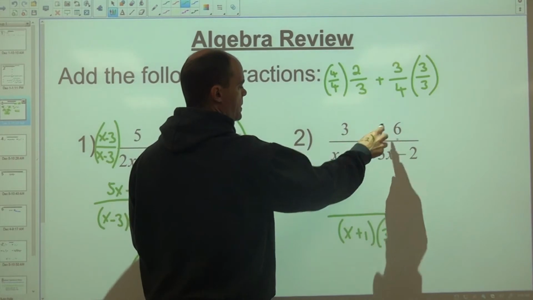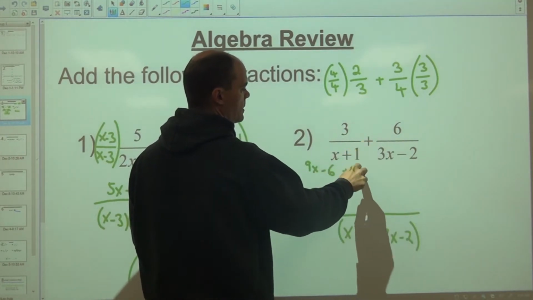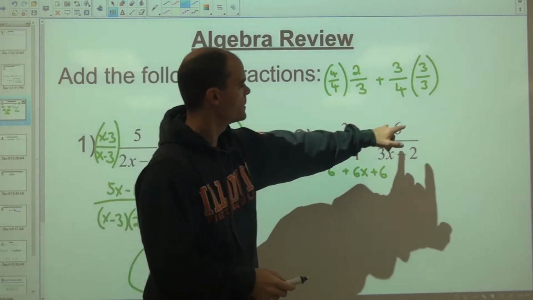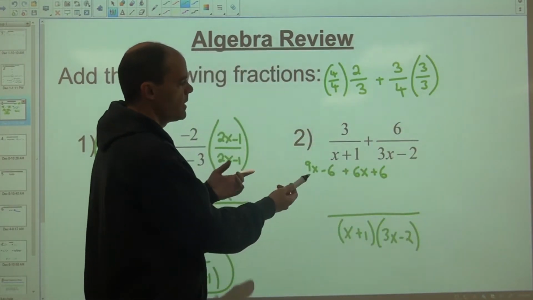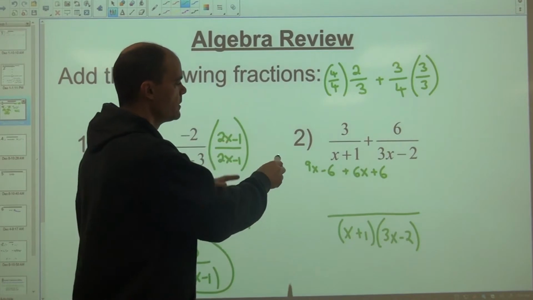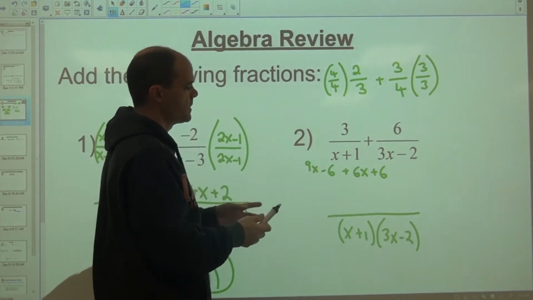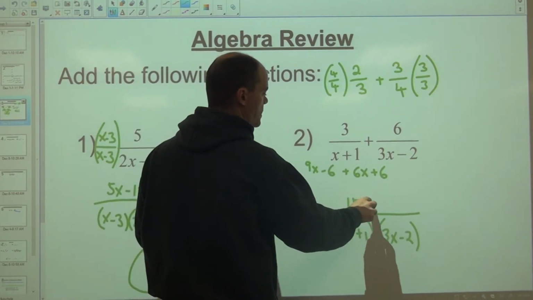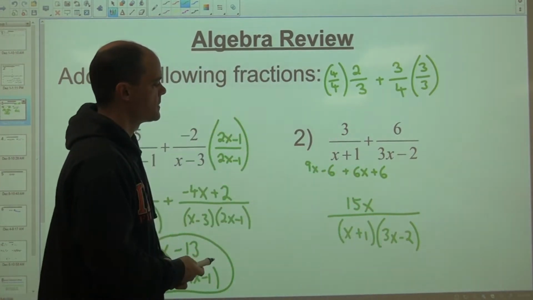As I go here to here, there's a plus in the middle. I'm going to have a 6x plus 6 if I multiply this on top and the bottom. And now I have no problem at all if you just do this in your head. You don't even need to write that down because the algebra is going to be a means to doing the calculus. So we get 15x here and nothing else. I can see the 6's cancel.